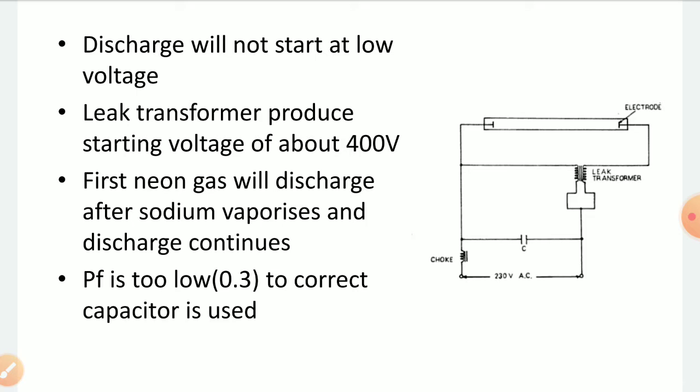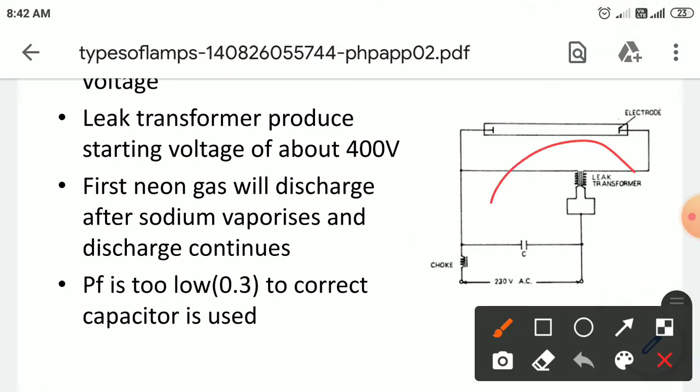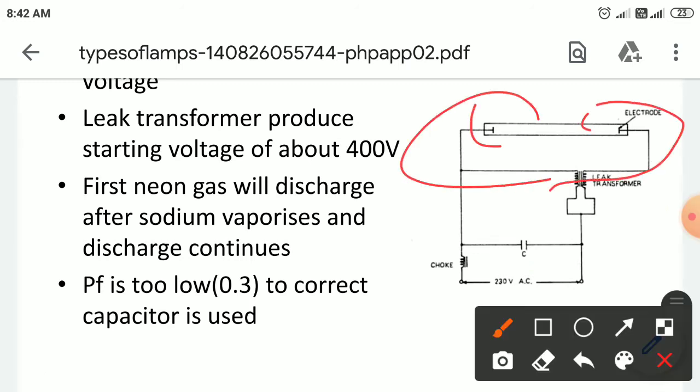Because the temperature of the electrode is low in the initial stage. Whenever continuous supply is given, the temperature rises, then the discharge happens and the light comes. The leak transformer connected here converts your 230 volts to around 400 volts. That current flows through these electrodes, so the electrodes start heating.